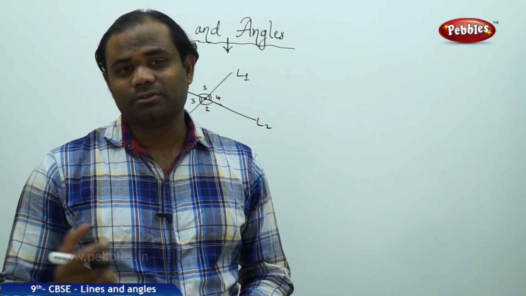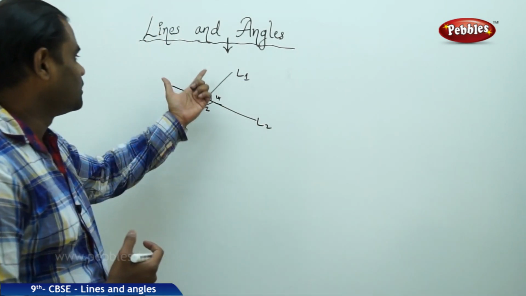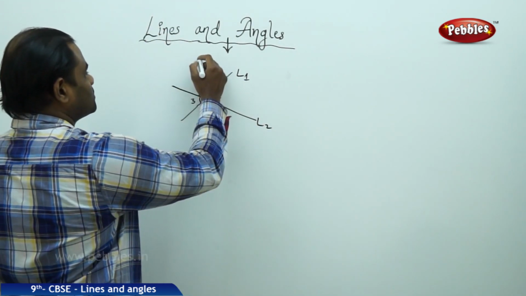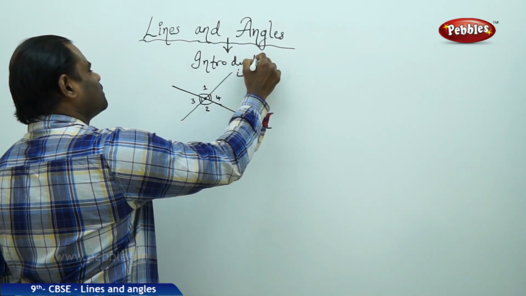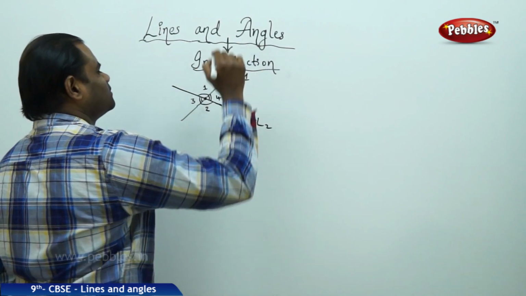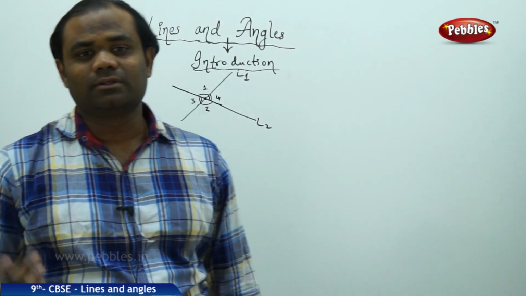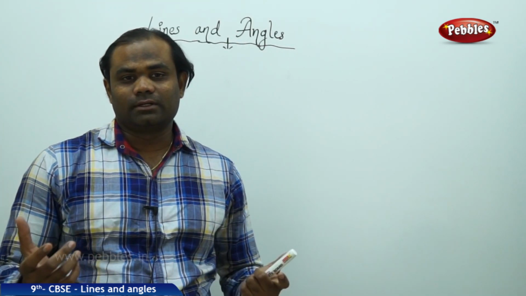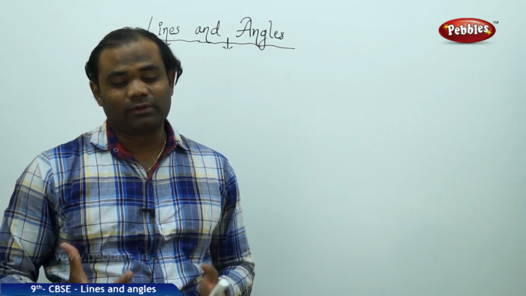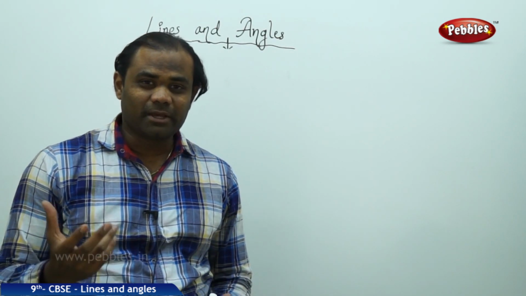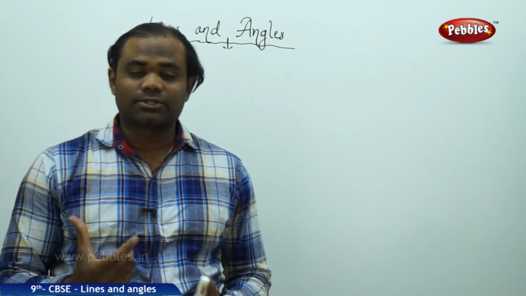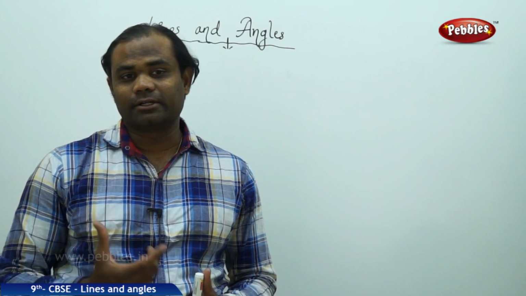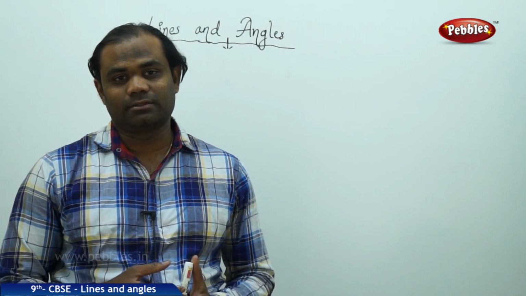Let's see the continued properties connected with lines and angles, as introduction, continued with the session. Now that we have learned about the introduction of lines and angles, there are some basic terms in the topic which we need to understand before we get into the concept of lines and angles.